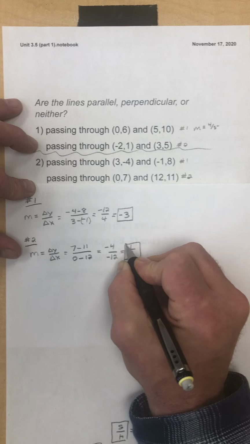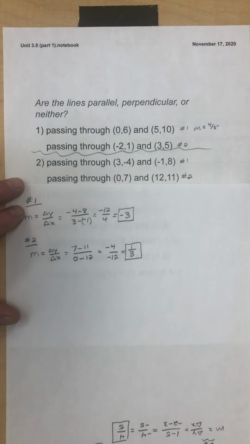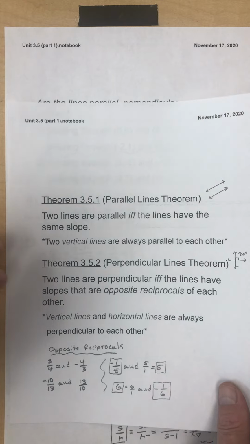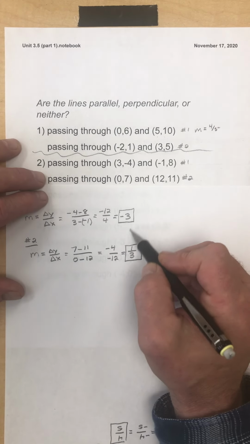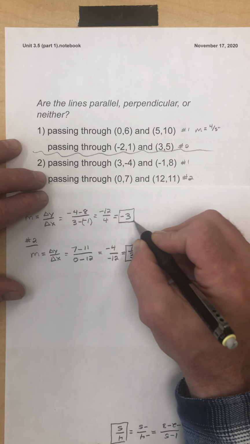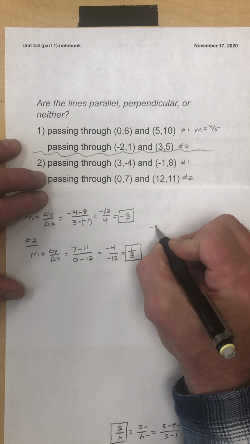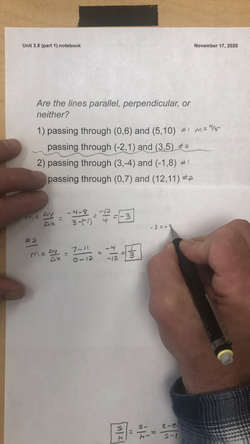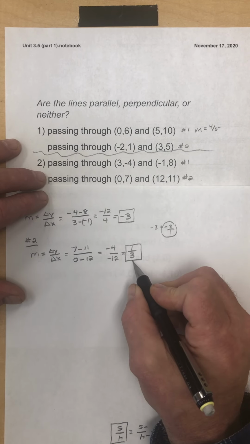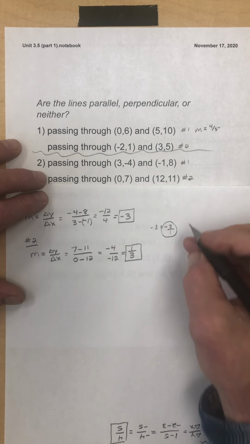So we look at these guys. Clearly they're not the same, so there's no way they're parallel, but are they perpendicular? Are these guys opposite reciprocals of each other? Notice if I take -3, that's the same as -3 over 1. And if I look at that and +1/3, they are opposite reciprocals of each other.